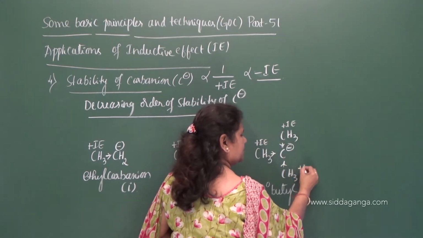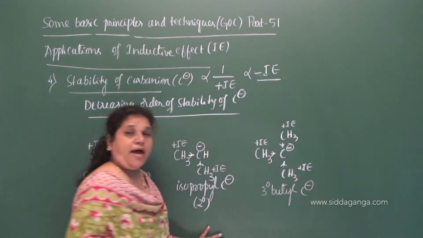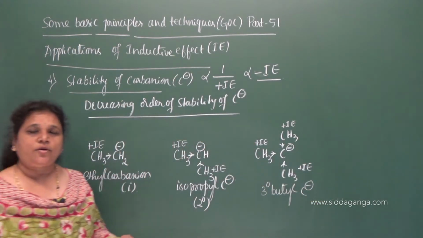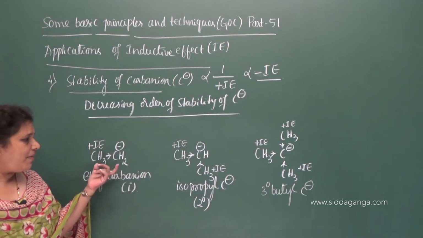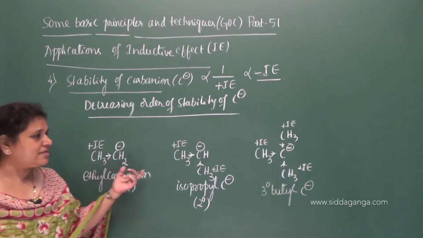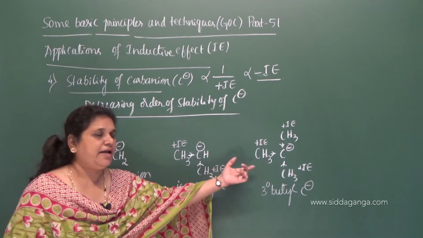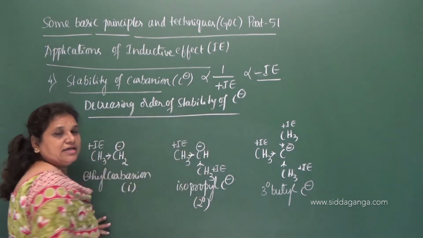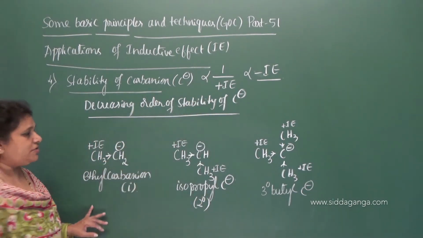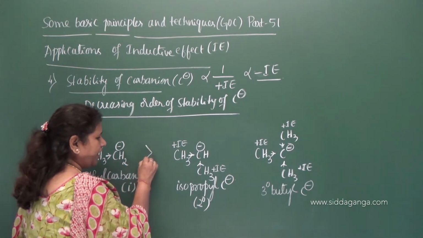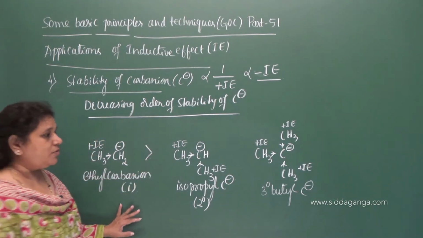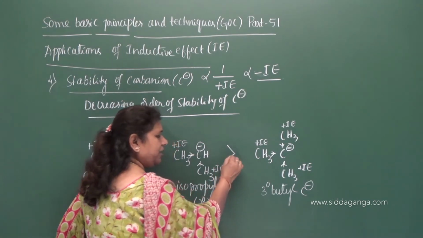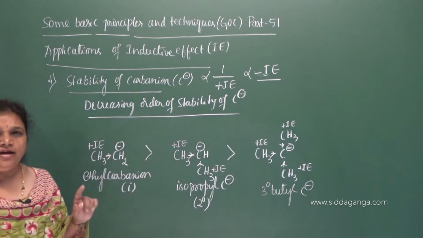The methyl group is electron releasing. So here the magnitude of plus I effect is less, here it is more, and here it is still more. Stability is inversely proportional to positive inductive effect. So primary carbanion is more stable than secondary, which is more stable than tertiary.